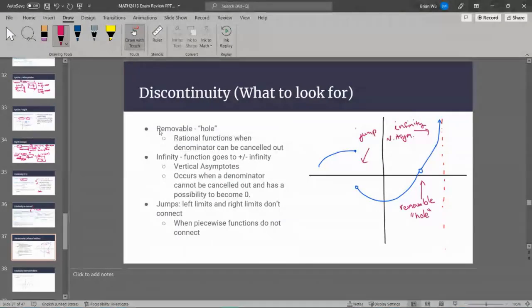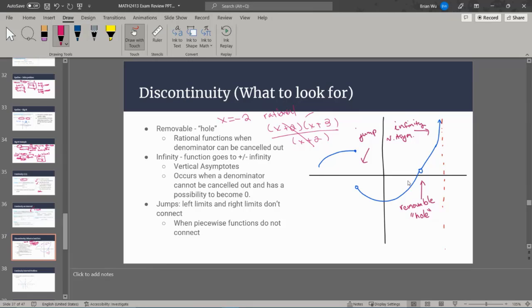So a better thing to look for is discontinuity. Graph-wise, there are three types of discontinuities. A hole is usually found in a rational function where you can cancel something out. Let's say x plus 2 times x plus 3, and you cancel out the x plus 2. Essentially, x cannot be equal to -2, which would make this 0.